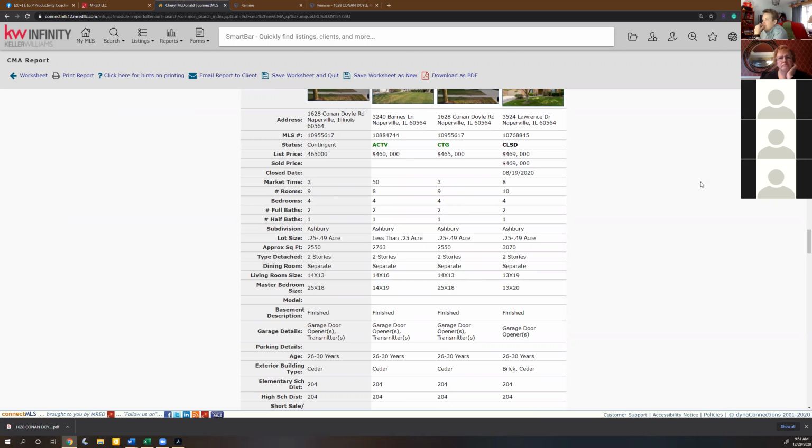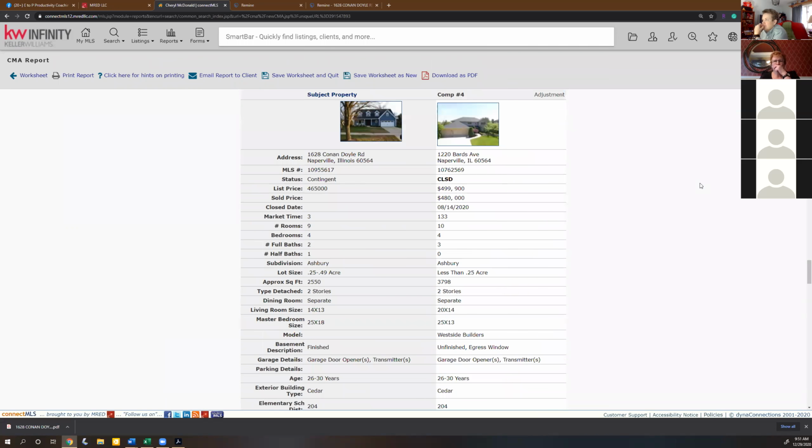And that one was listed at 480. Ah, good catch. So I would compensate for that. I would make an adjustment to the comparable, so we would drop it down a half a bath. That can be anywhere between $5,000 and $10,000.